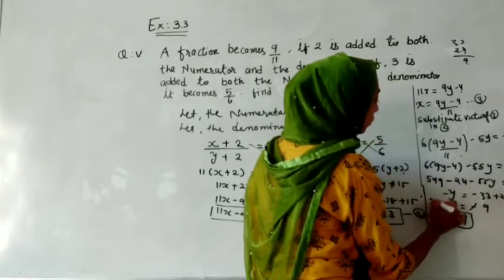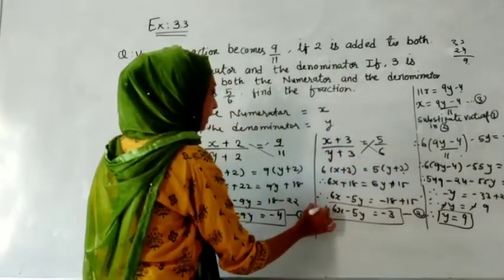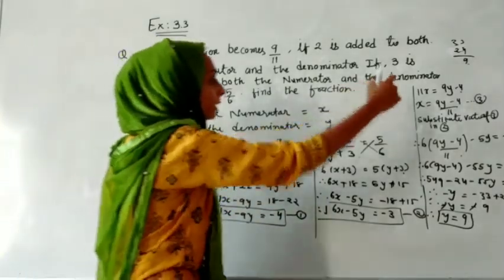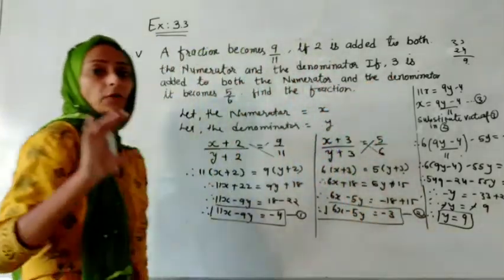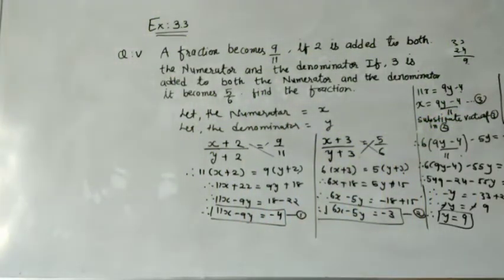Now this value we have to substitute in equation number 1, 2 or 3, any equation, but right now I will substitute it in equation number 3. After substituting the value of y, I am getting x equals (9 into 9 minus 4) by 11. So 9 9s are 81, minus 4, by 11.